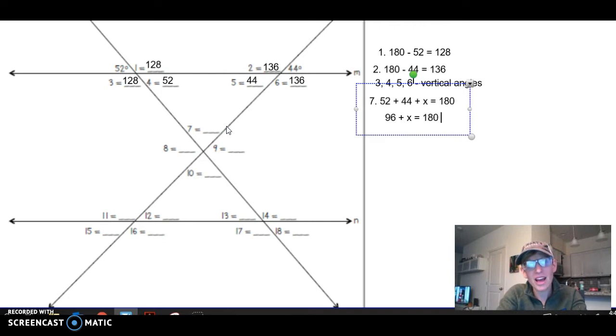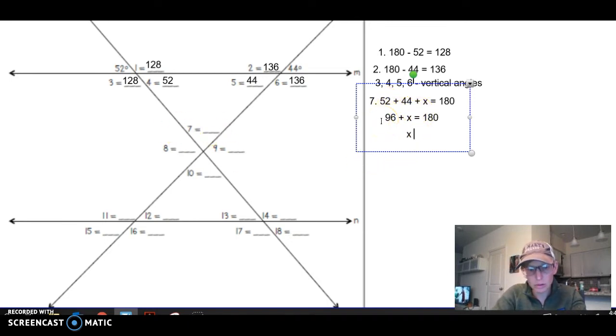I'm kind of flying through this because this is solving equations, which is something we've done quite a lot of. If you want, just pause, rewatch, pause again, until you are following along there. So to solve for x, I'm going to subtract 96 from both sides. If I subtract 96 from this left side, it's just gone.